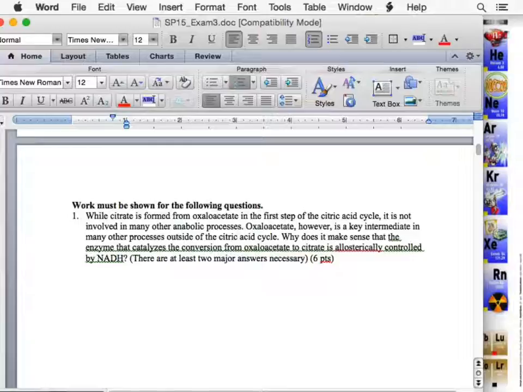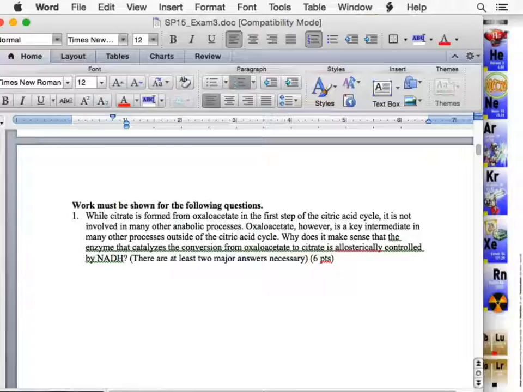If I start this reaction, I've converted a useful molecule into a piece of junk, and that piece of junk can only get me energy. Well, if I don't want energy, that's a pretty horrible thing to do. So I can take the oxaloacetate instead and shuttle it somewhere else in my cell, and I can make stuff.